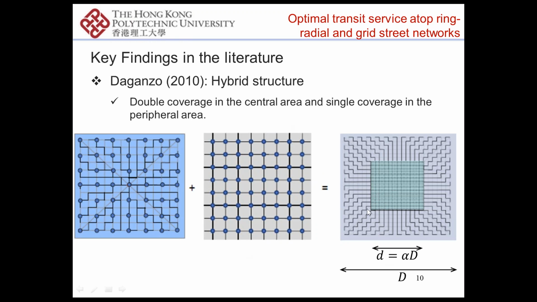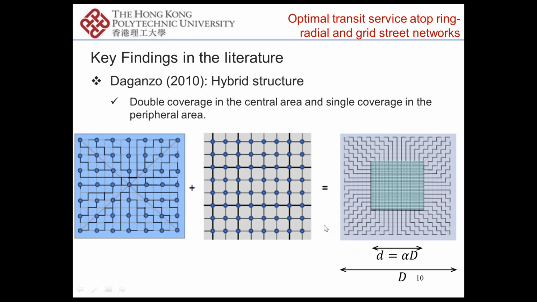Alpha actually indicates the ratio of the side of the square, the central area, to the city side length. So this alpha is a new decision variable. And of course, when alpha is equal to 0, this hybrid structure just degenerates to the radial structure. If alpha is equal to 1, this hybrid structure becomes the grid network.